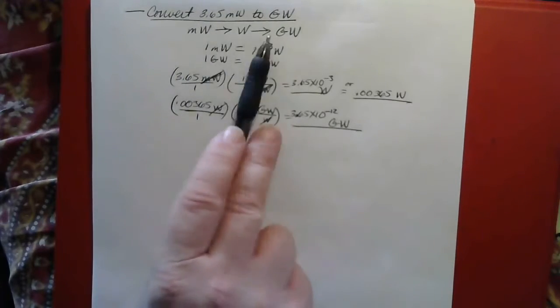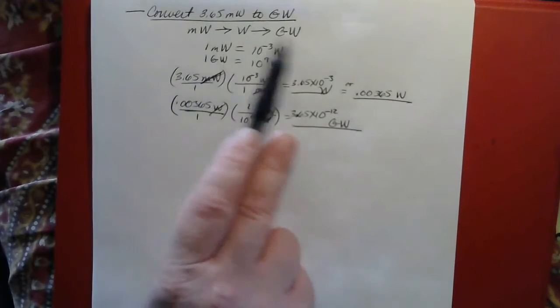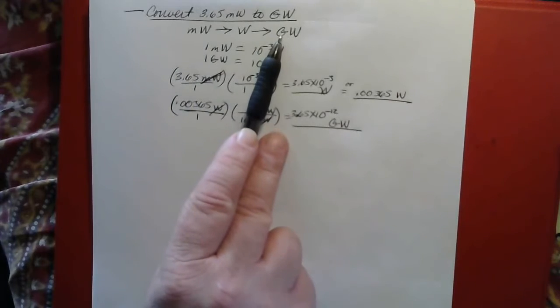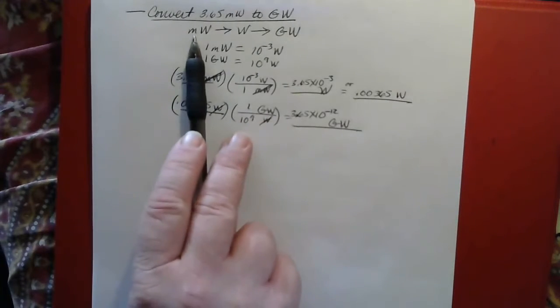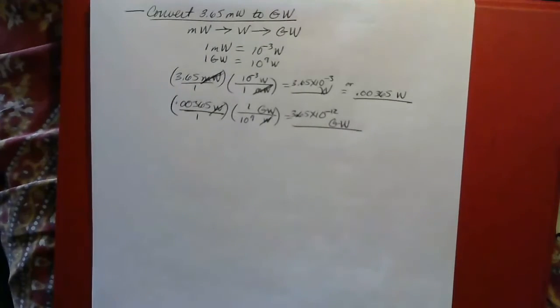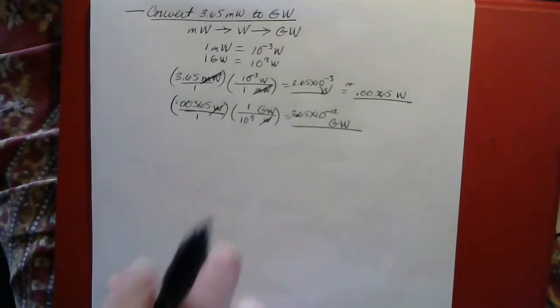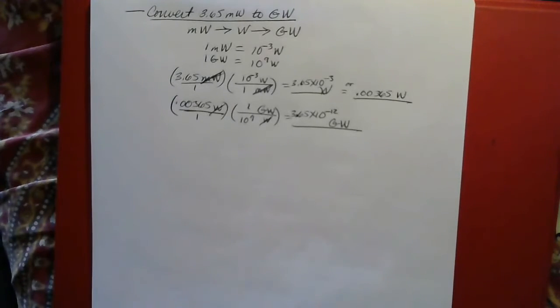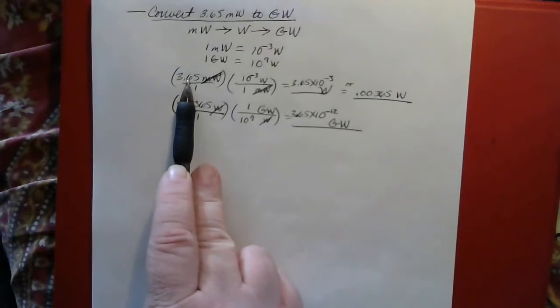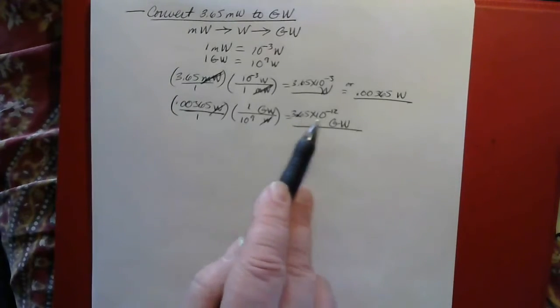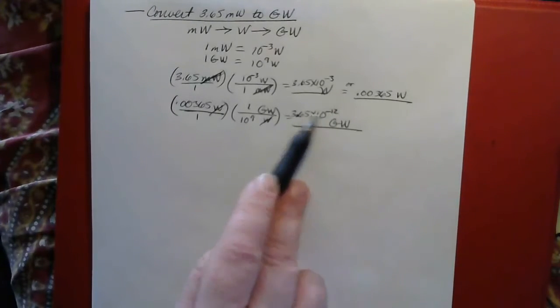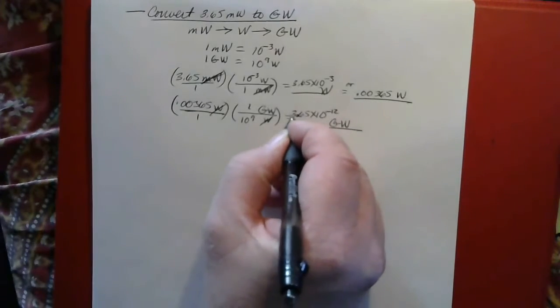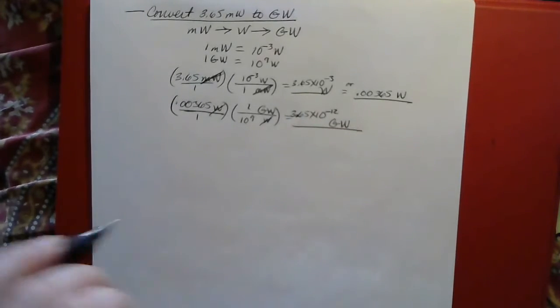And again, it doesn't even matter if you know what watts are. But giga is really big. It's a billion of something. So you're going from 1/1000th to a billion, and that means the unit's getting bigger. It's getting a lot bigger. And so the number should get smaller, a lot smaller. And it went from 3.65 to 3.65 times 10 to the minus 12. That is my idea of getting smaller, definitely.